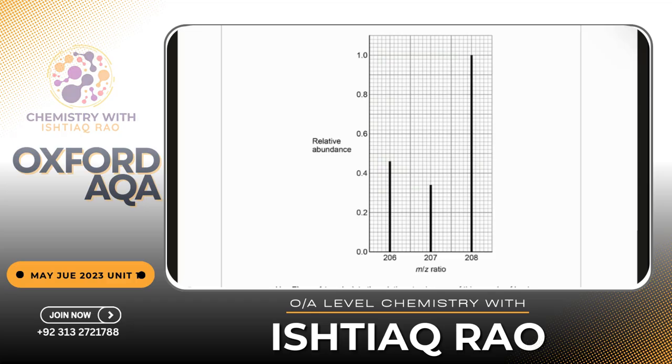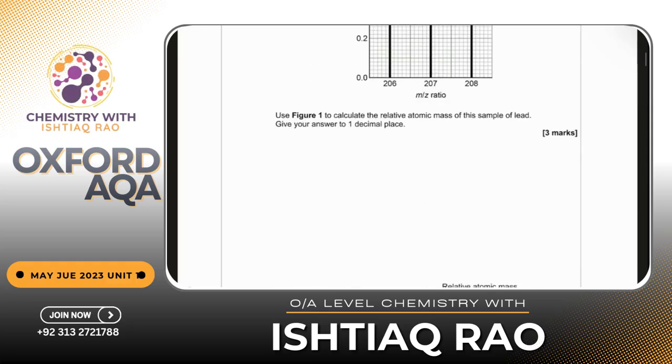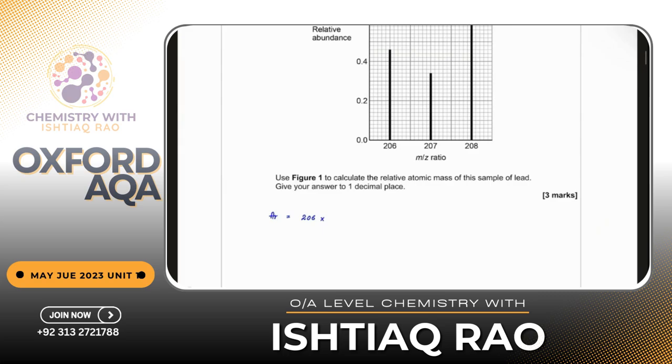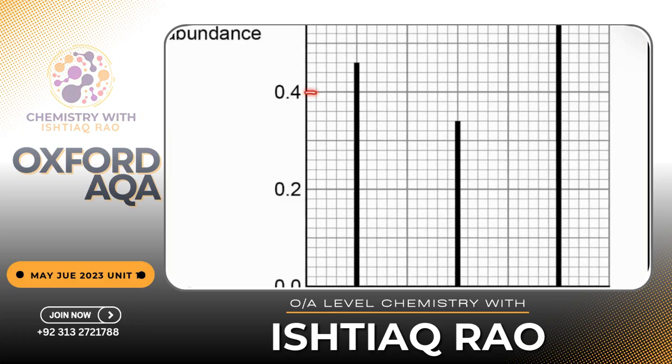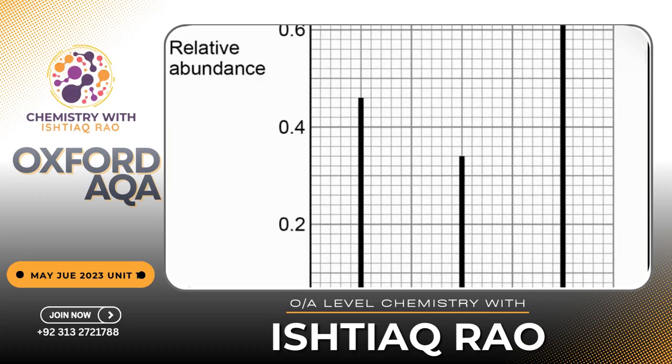So Ar is equal to isotopic mass. The first one is 206 multiplied by its abundance. If I can see the abundance, one small box is 0.2, so this is 0.5 and this is 0.6.